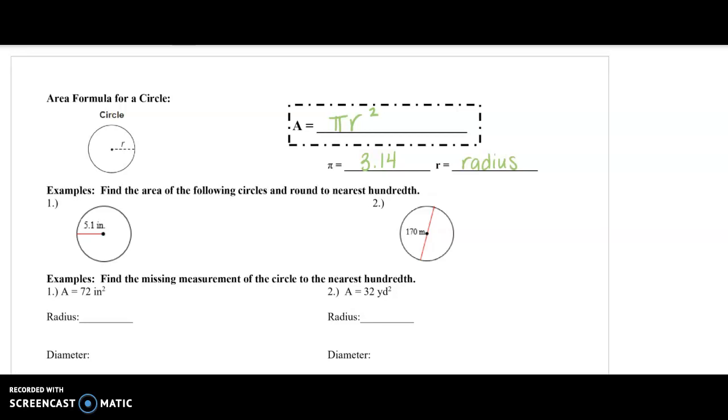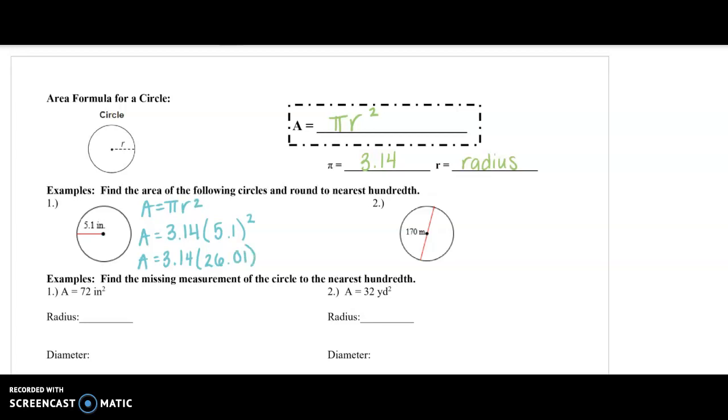So now we're going to find the area of these same two circles that we were finding the circumference of up above. So again, area is equal to pi r squared. So the area is equal to 3.14 times, my radius is 5.1, and I'm going to square it. So you're going to do 5.1 squared first. Okay, so your area is equal to 3.14 times 26.01.